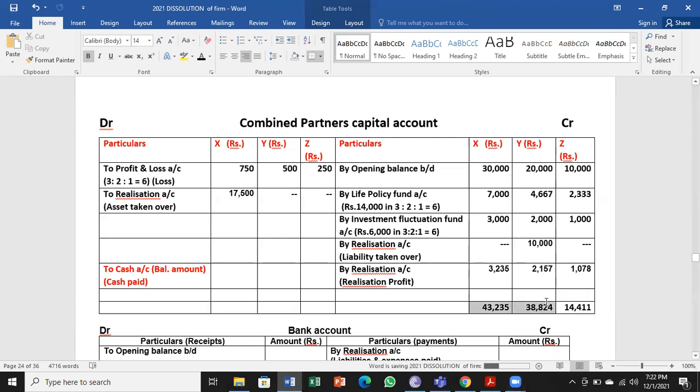Debit is less. So credit side total first, then find the balance. It is cash paid to individual partners because all the partners have more credit. So 43,235 minus these two items, 750 and 17,500. Let us see how much it comes. 43,235 minus two amounts, that is 750 and 17,500. That comes to 24,985.